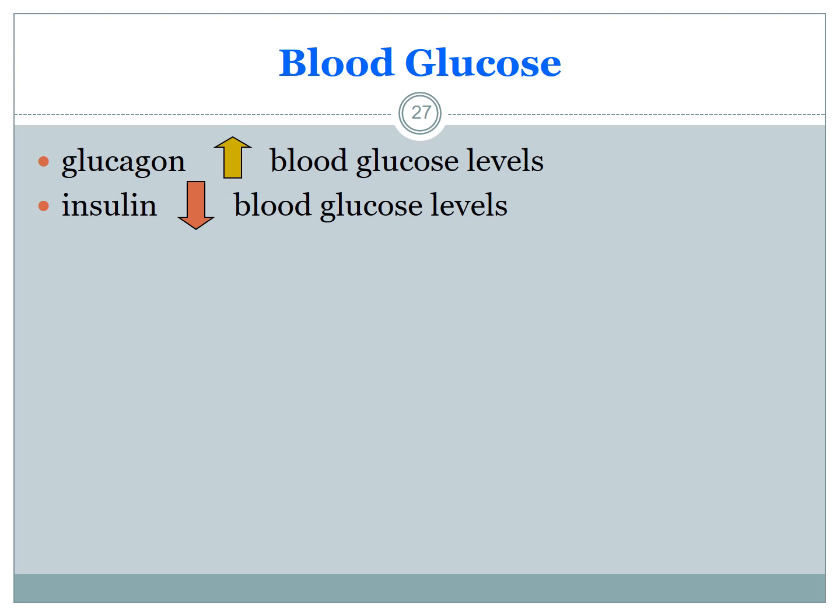So release of insulin decreases your body's blood glucose levels. Well, now you haven't had anything to eat for a while, and your blood glucose level starts to drop. Glucagon is a hormone that's released to help elevate your blood glucose level. So blood glucose has a fairly narrow normal range, and hormones are released to try to maintain homeostasis.